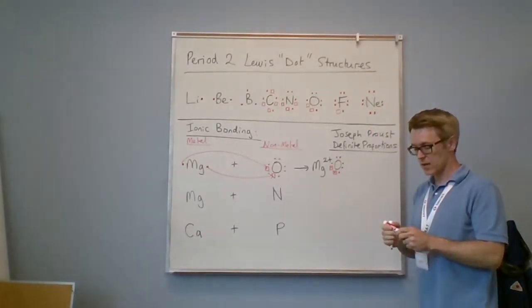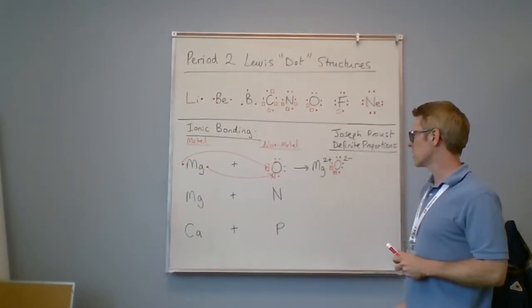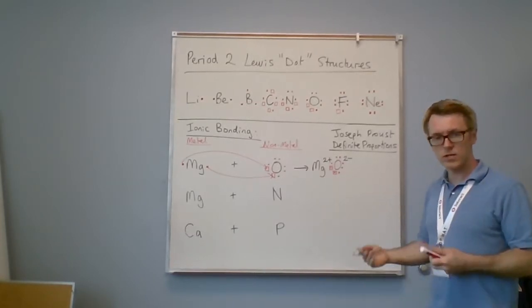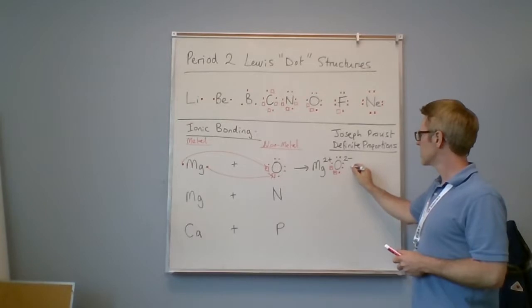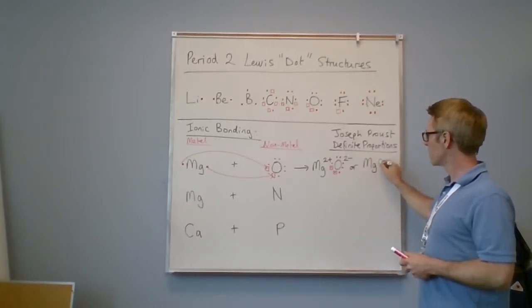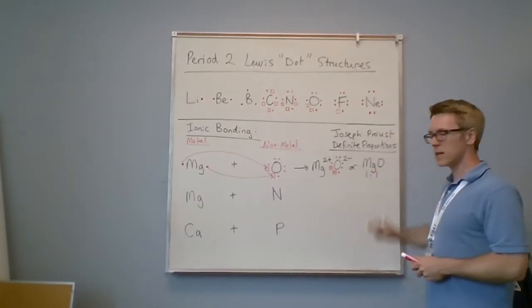So oxygen's got its original 6 plus an extra 2, so it's acquired a 2 negative charge. So we've got a +2 and a -2, that sums to 0, which is the case for all ionic compounds. And a chemist would just write MgO in a 1-to-1 Joseph-Proust definite proportion.